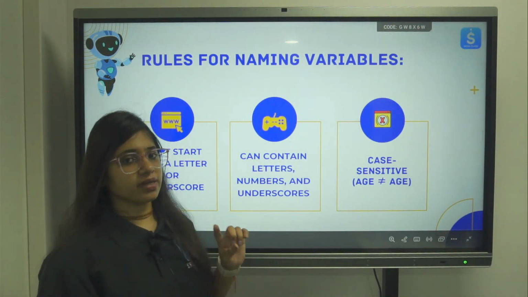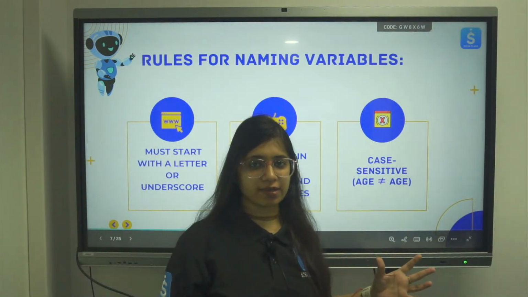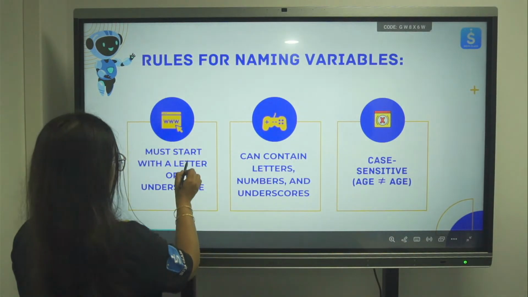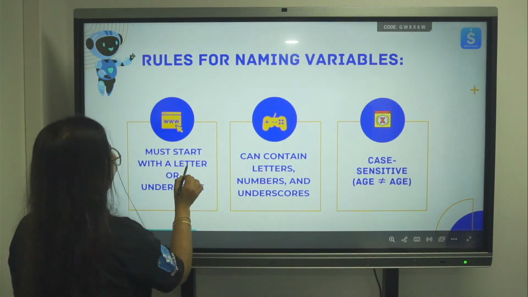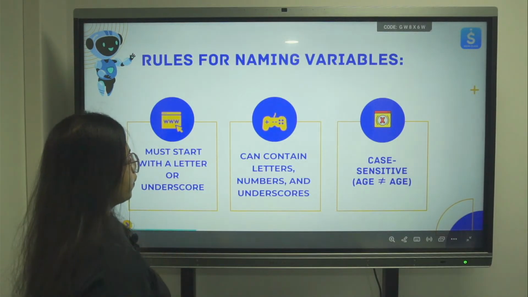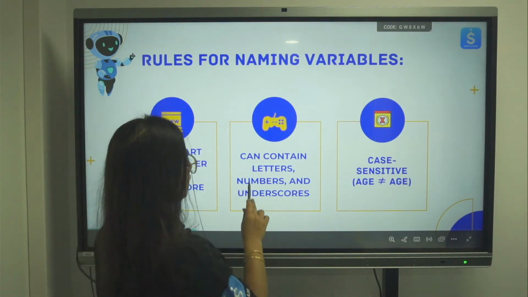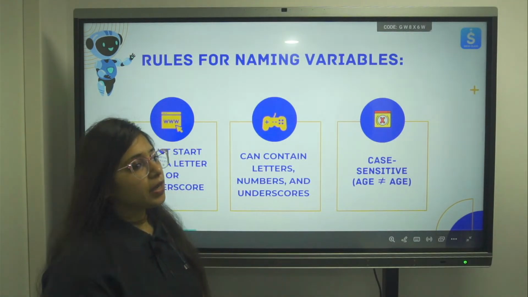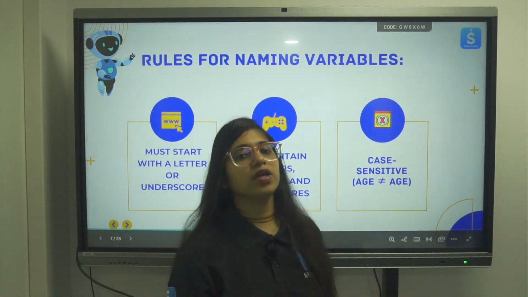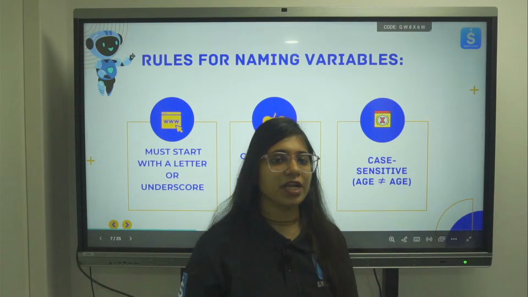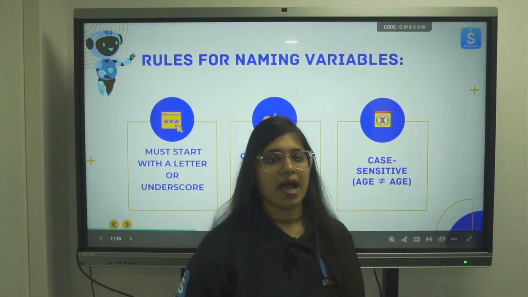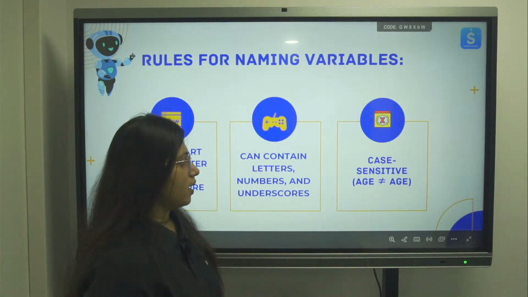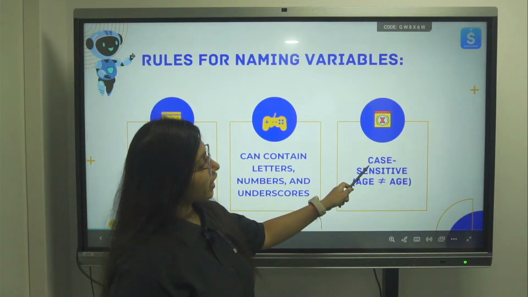It should not be a number or any special character, only underscore. The name can then contain letters, numbers and underscore. The value you can keep as anything, but the variable name should start with a letter or underscore. Now, the variable is case sensitive.